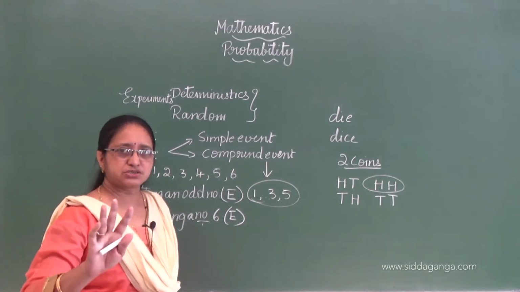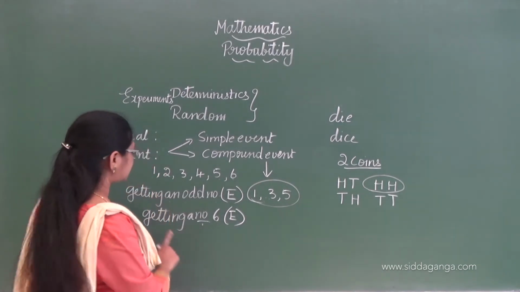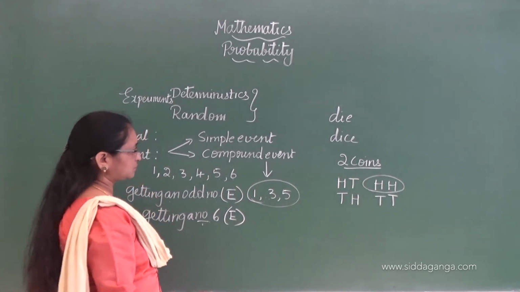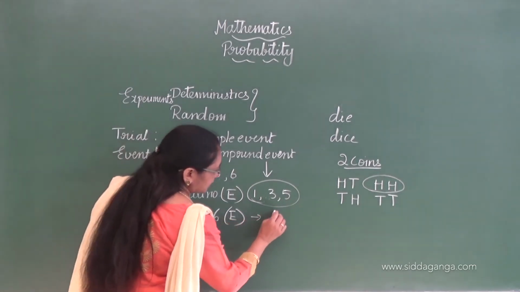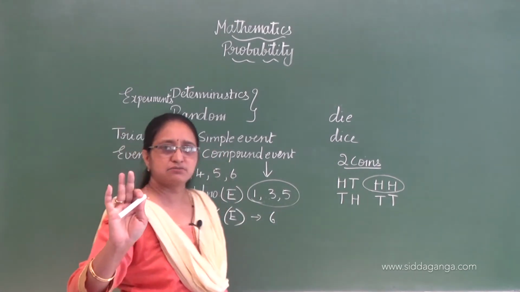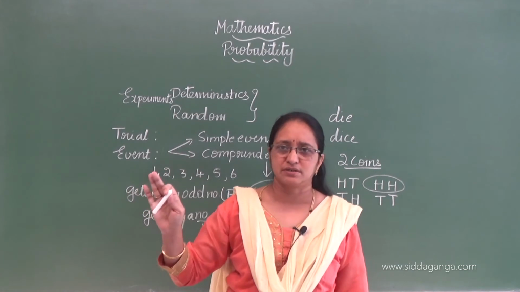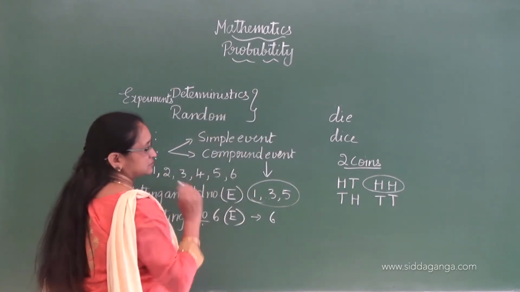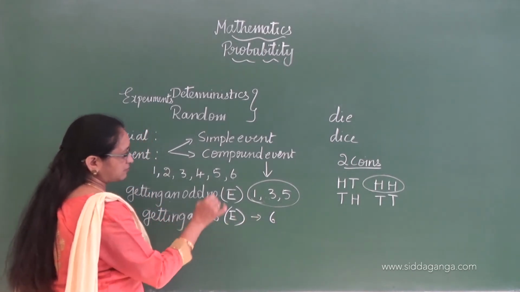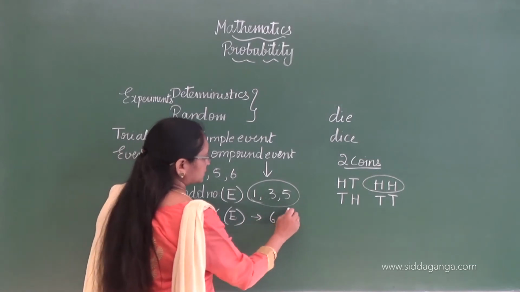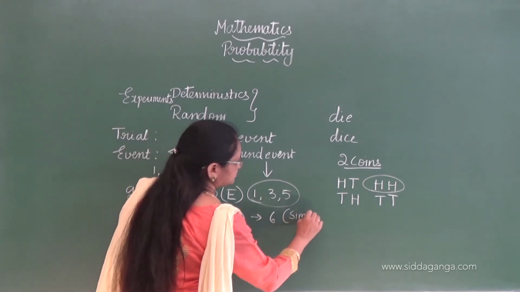I hope you understood the meaning of event. Getting a number 6 is an event, one event, correct? So here what is the outcome? We will get only one, that is only one 6 you will get. We won't get two or three 6s, correct? On a dice there will be 1, 2, 3, 4, 5, 6. Okay. So getting a number 6 is an event, and this is the example for simple event.